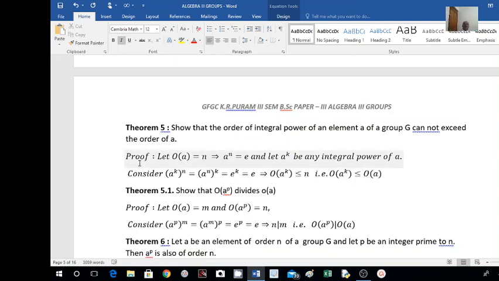Let order of A equal N. Then this implies A to the power N equals E. And let A raised to K be any integral power of A. What is my aim?